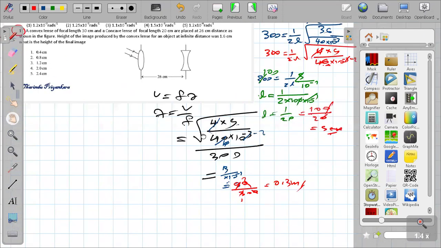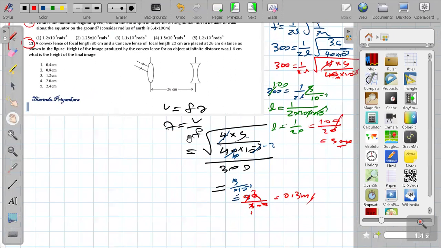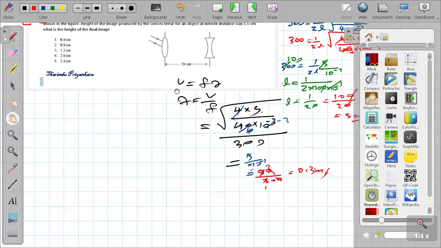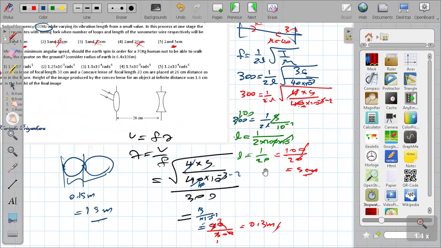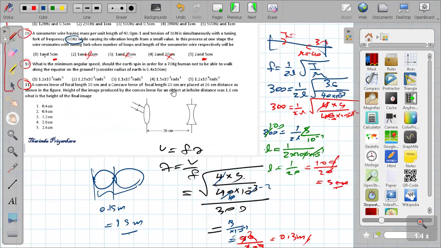If the wavelength is 0.3 meter, oh wait, a loop is half the wavelength, so for one loop it should be 0.15 meter. That means it is 15 centimeter. 15 centimeter is still a very big value because we have only 5 centimeter here.